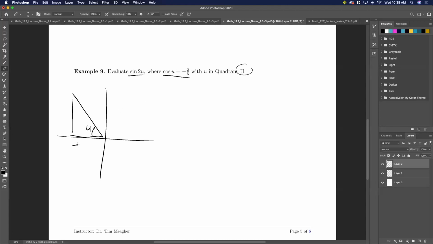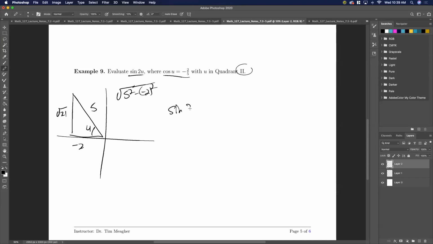So here it'd be minus 2 and 5. And so the other one, we know what this is. If I have 5 and 2, just because we literally just did this on page 4, this is square root of 21. How do we get that? It was the hypotenuse squared minus 2 squared. That gives me 21. And since this is the opposite angle and quadrant 2, the y value will be positive.